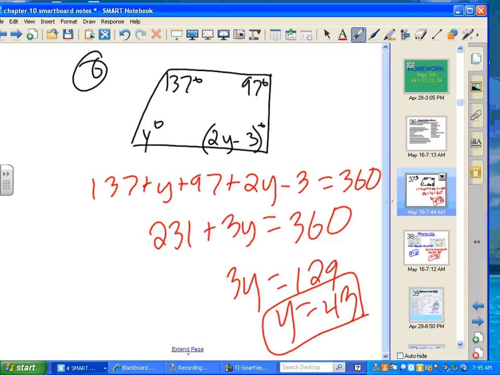Okay, guys, all of you that got it wrong, look back at my work. Okay, listen. First step, check to make sure your work looks like mine. And then combining like terms, adding up 137, 97, and then subtracting 3, you get 231. And then the y's, you have 1y plus 2y, which is 3y. You probably combined something wrong, is what I'm guessing.